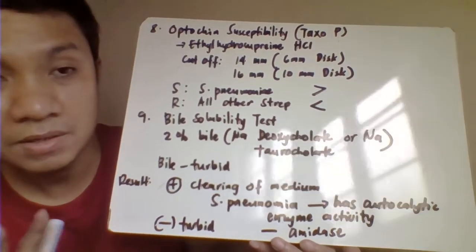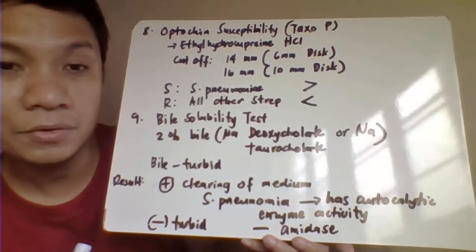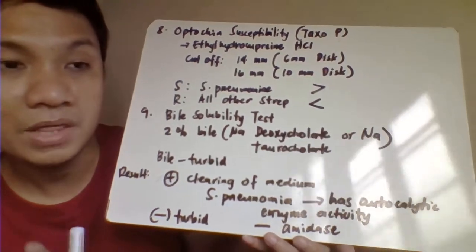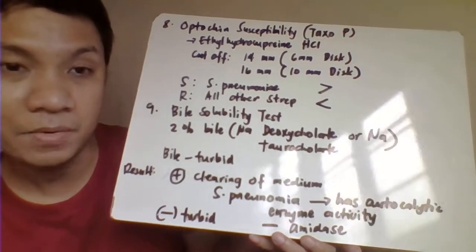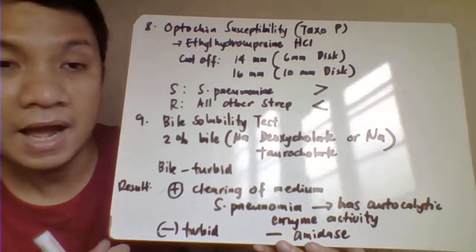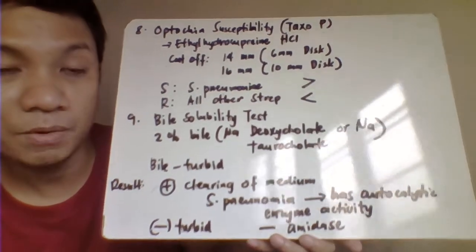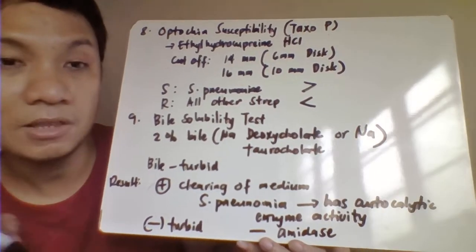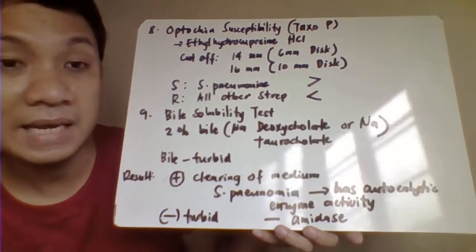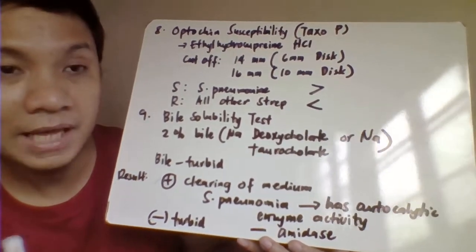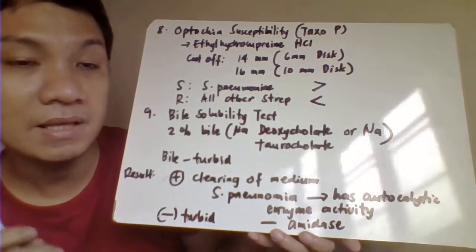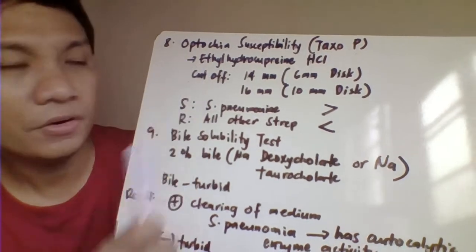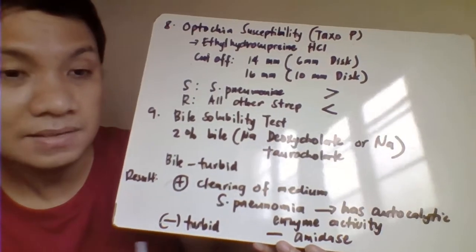To differentiate between the two, Enterococcus and non-Enterococcus group D, you proceed with your salt tolerance at 6.5% sodium chloride. Only those that grow in the presence of 6.5% sodium chloride will be your Enterococcus, but not your non-Enterococcus.